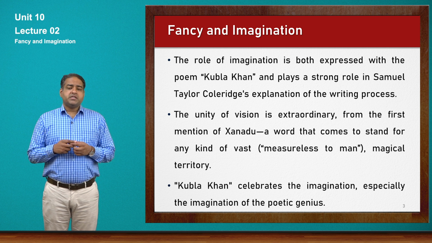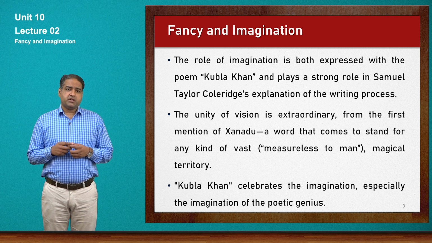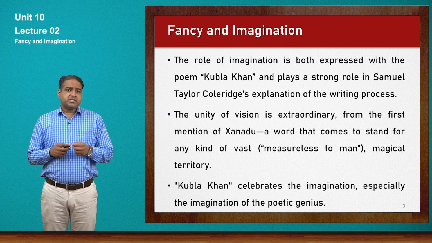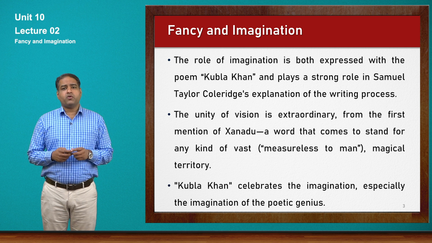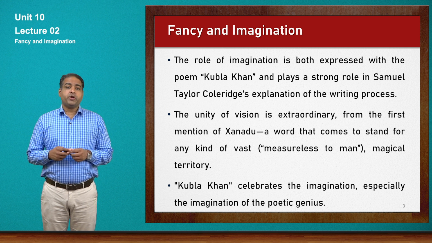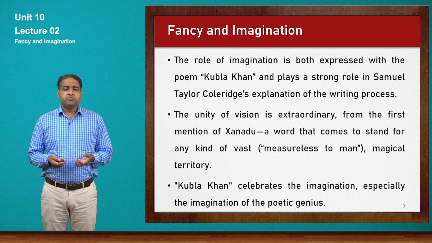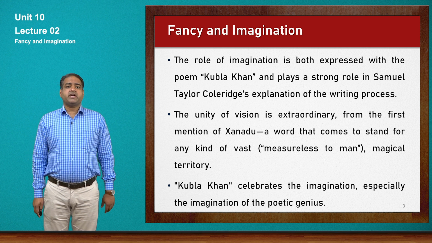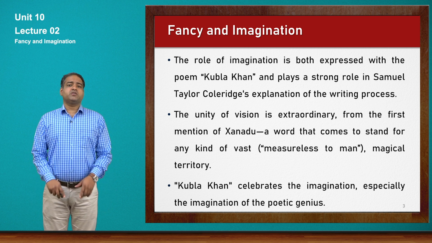Kubla Khan celebrates the imagination, especially the imagination of the poetic genius. So, friends, this is an excellent example of imagination, the poetic genius of the poet. What the poet is trying to explain is something which we need to understand on the basis of the content of this poem.